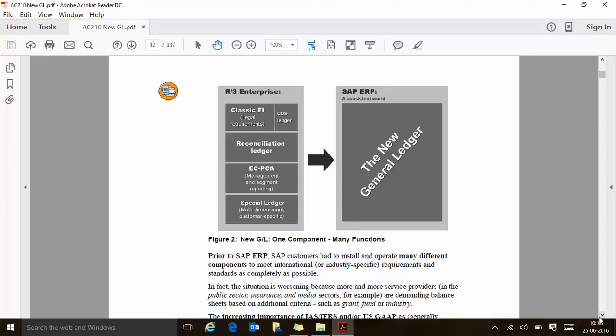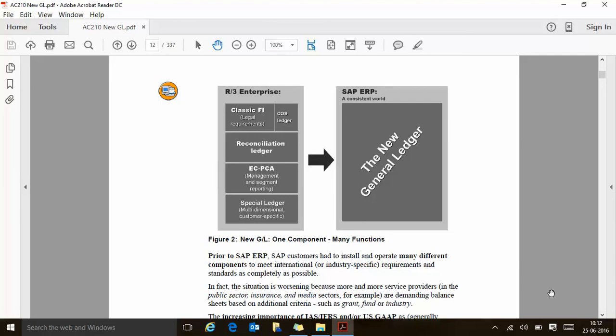New GL, one component, many functions. Multiple options are there.